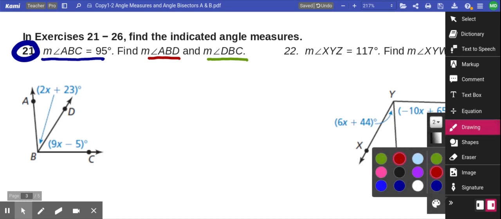So just looking at our picture, I'm going to write a statement. I know that measure of angle ABC, that's my whole angle, is equal to angle ABD and angle DBC.